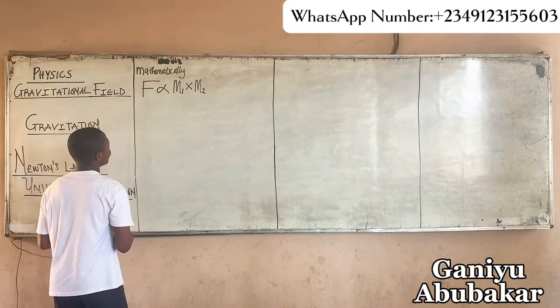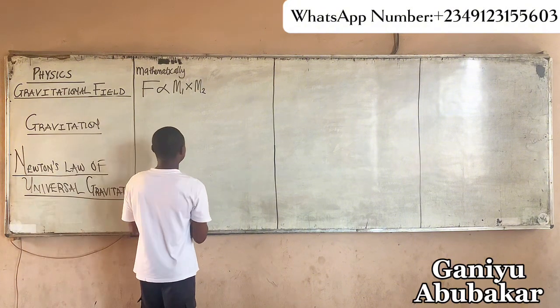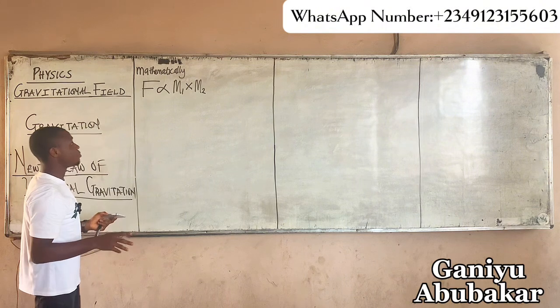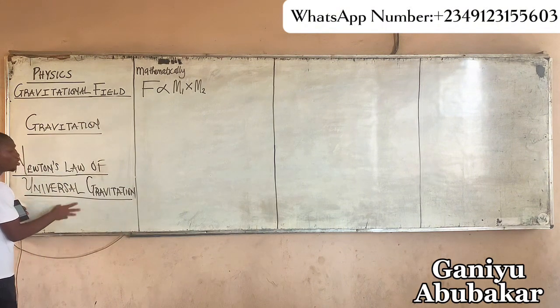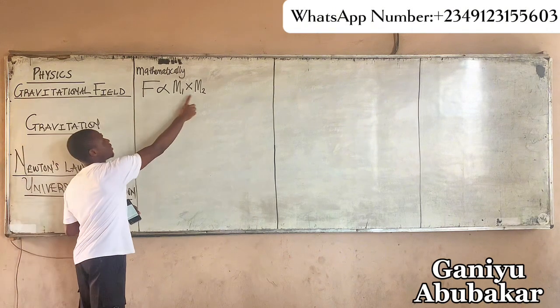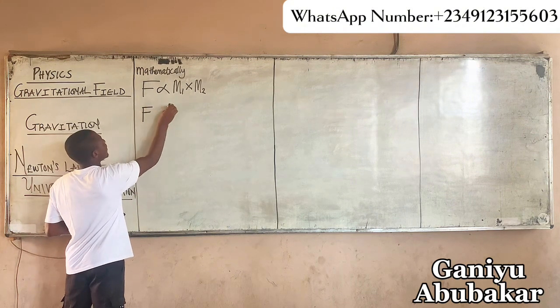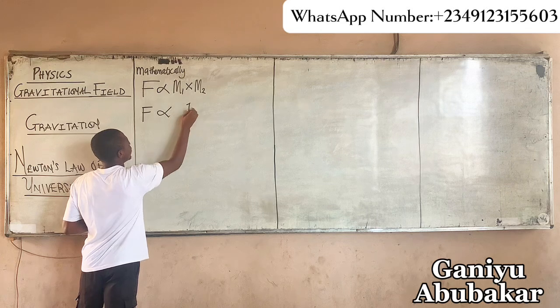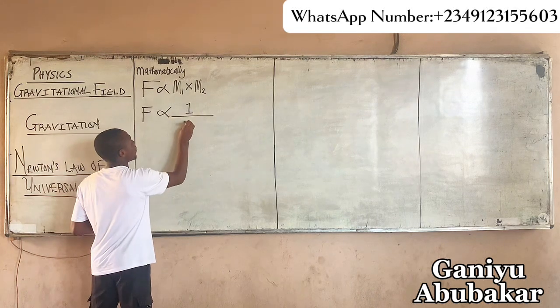Next, listen up please, here's the concept. The force of attraction between two masses is proportional to the product of the masses, and that same force F is inversely proportional to the square of the distance apart.